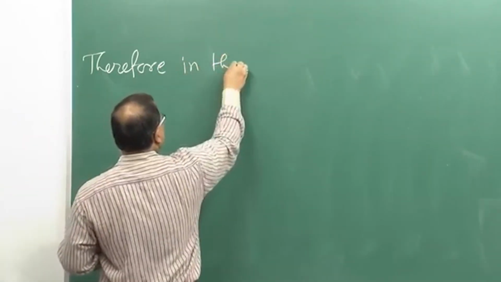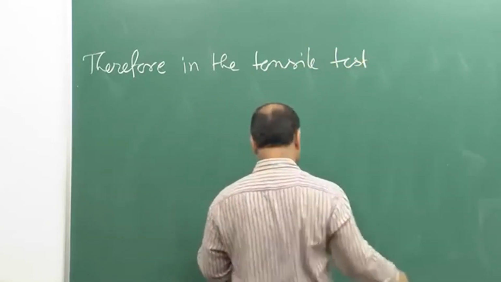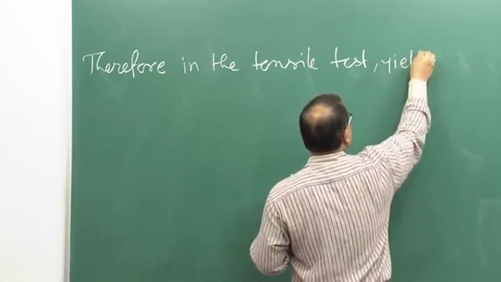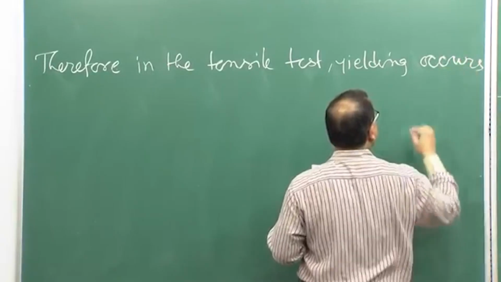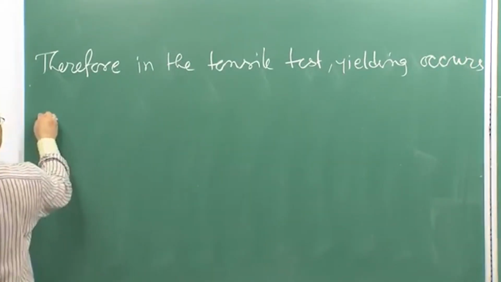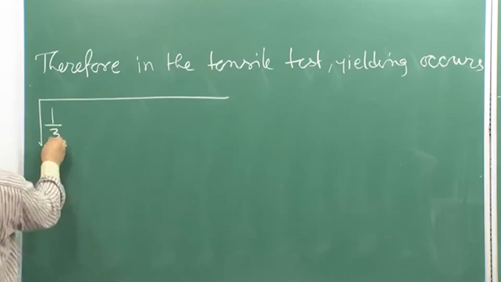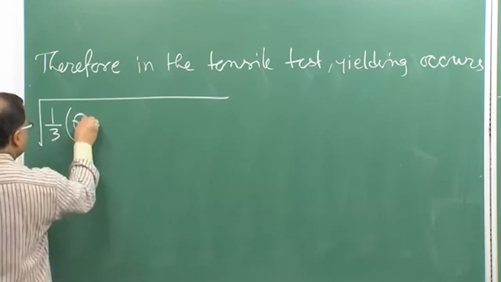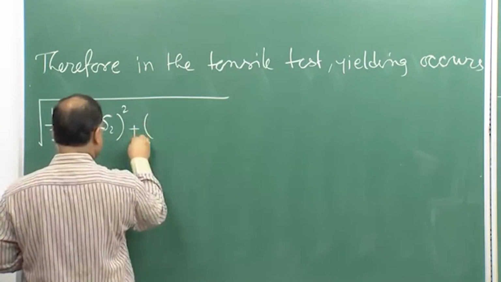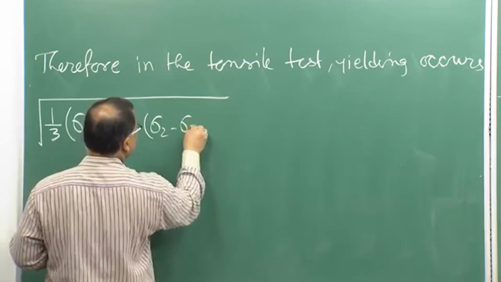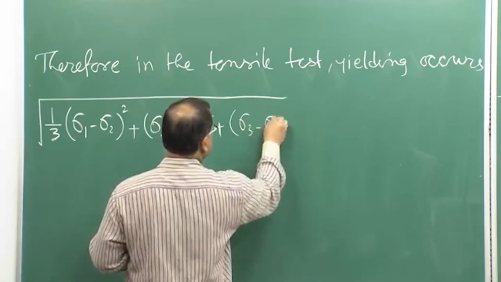in the tensile test yielding occurs when the root mean square of the differences of the principal stresses, 1/3, this is nothing but your root mean square of the differences of the principal stresses, right, sigma 2 minus sigma 3 whole square plus sigma 3 minus sigma 1 whole square.